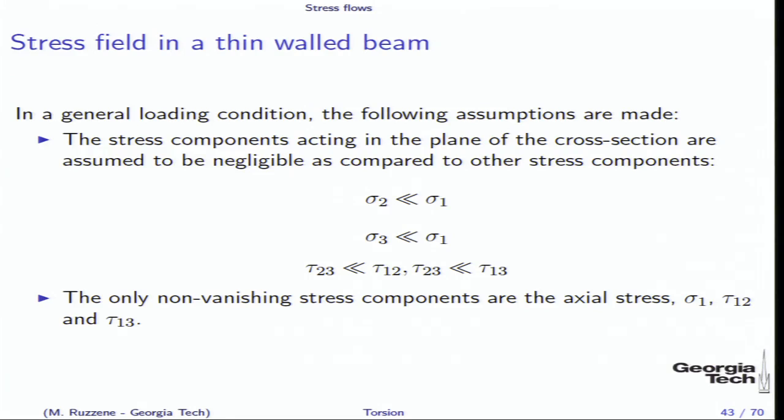So I will just introduce this concept, and we will cover most of it in the next class. In general loading conditions, we make the assumption that the stress components acting in the plane of the cross section are negligibly small as compared to other stress components.